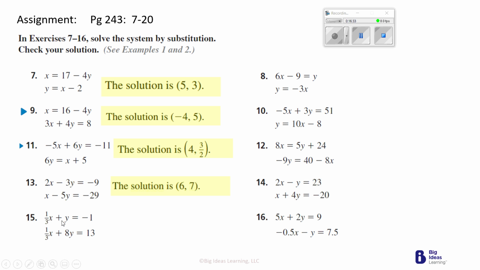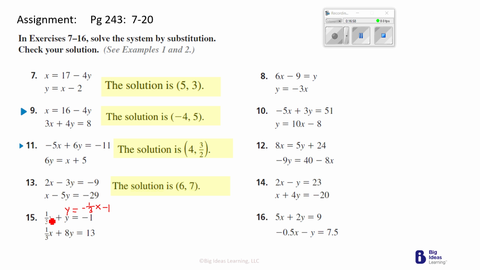All right, this time we've got to go ahead. We see that we have y over here, right? And what we can do is move this over here and turn this to y is equal to negative 1/3 x minus 1.